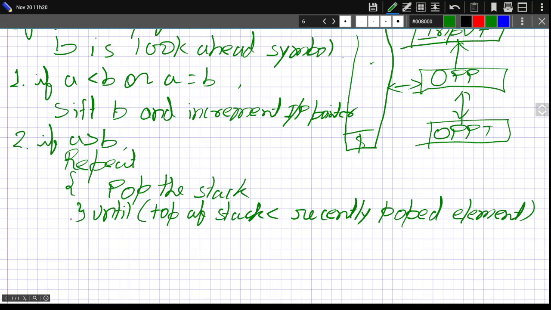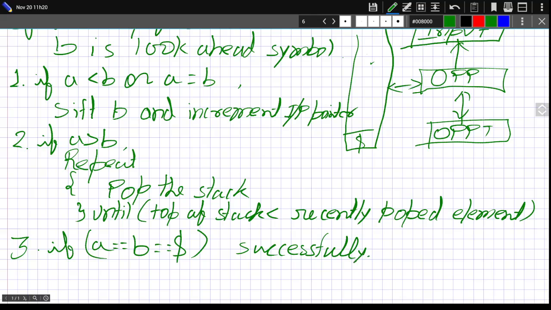Now it will be a success if A is equal to B is equal to dollar, right? If A is equal to B is equal to dollar, in that case we will say the string has been parsed successfully.